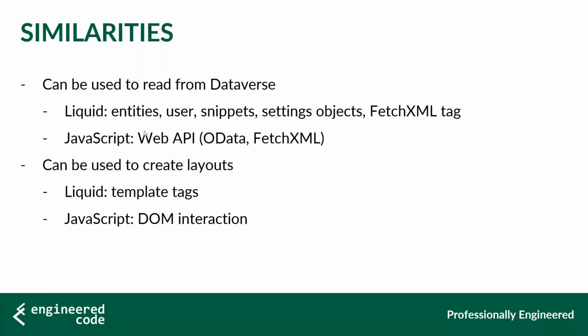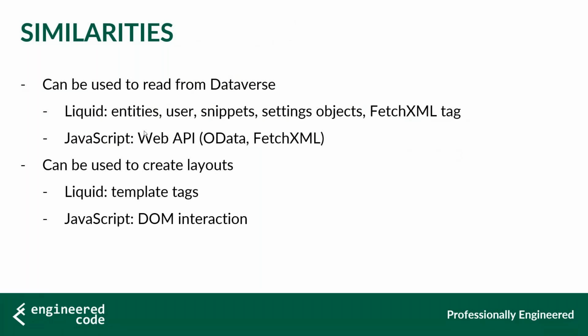JavaScript, same thing. With JavaScript, we can manipulate the DOM of your particular page. You can use JavaScript to modify that. You can insert nodes, remove nodes, change nodes. You can do all that sort of stuff with your JavaScript to create the layouts that you want. And again, we'll see this as one of our examples. If you say you want to read data from Dataverse and output it as a table, Liquid has options and JavaScript has options.